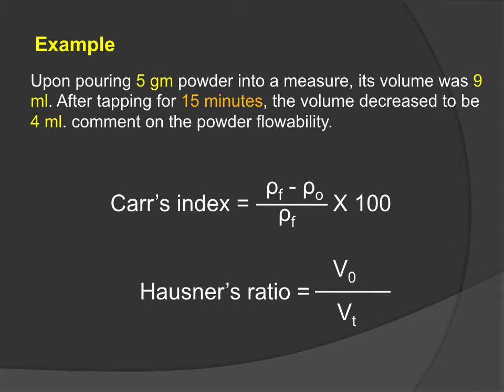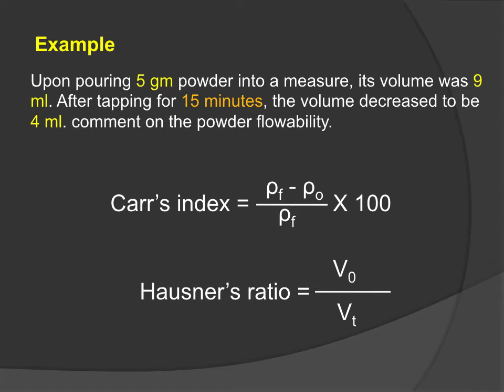If you want to calculate rho node, you have to divide 5 gram, which is the weight, over the initial volume, which is 9 milliliter. If you want to calculate rho F, you have to divide the same weight, 5 gram, by the final volume, or the tapped volume, which is 4 milliliter.